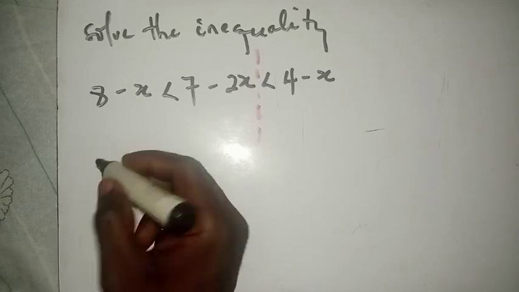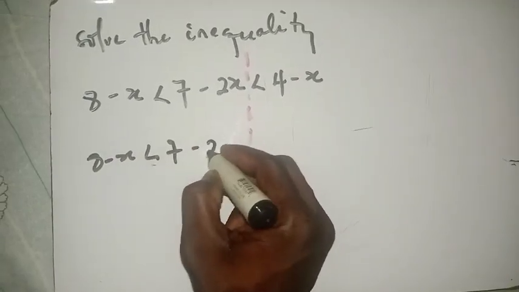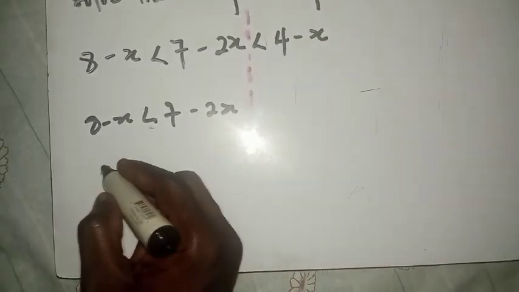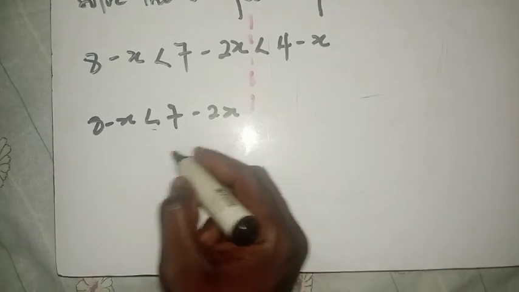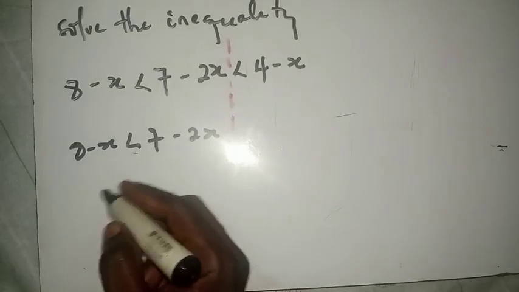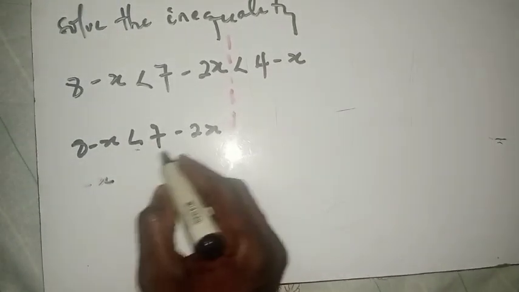So here we are having 8 minus x less than 7 minus 2x. You know how to solve this, right? I believe almost everybody knows how to solve this particular question. What will be the values of x here? Let me solve this part. Here we have the negative x, and then we have to group some like terms.